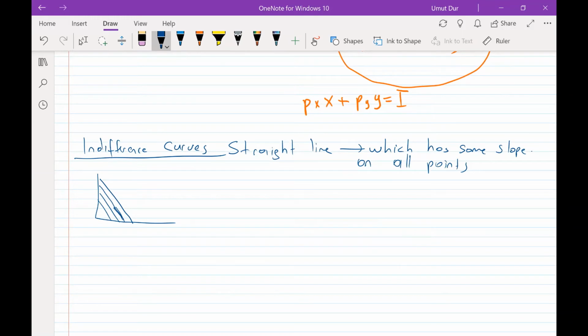The utility function for that is U(x, y) equal to some constant a times x plus b times y.